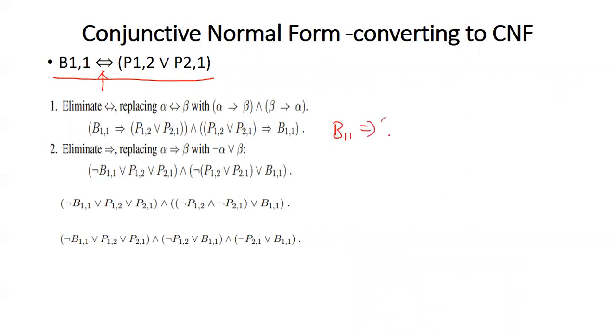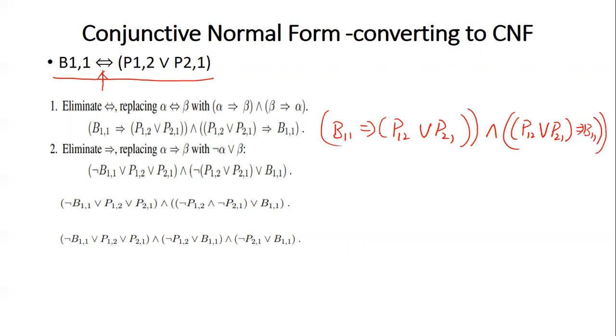When you remove this bidirection, it will become B11 implies P12 or P21, and P12 or P21 implies B11. Okay, like this it will be converted. But now this sentence also includes implies. Now we have to remove the implies.